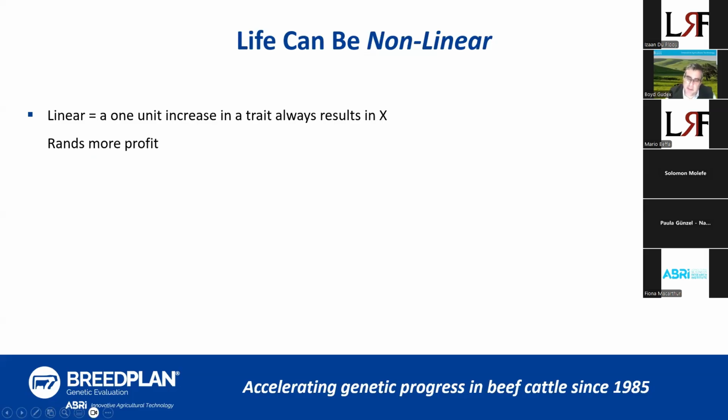Another factor that we need to account for in selection indexes is non-linearity. Now, ideally, we'd go, 1 unit increase in a trait will always result in X rand more profit. 1 kilo more of weight will always be 74 rand more profit or whatever.